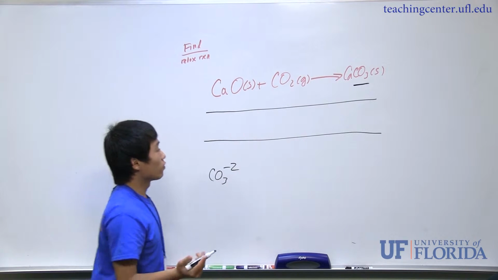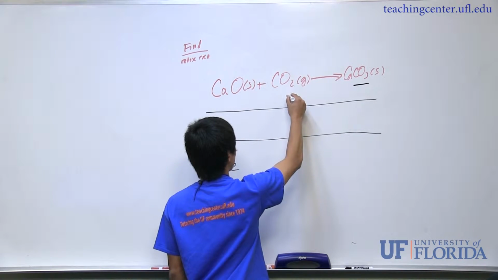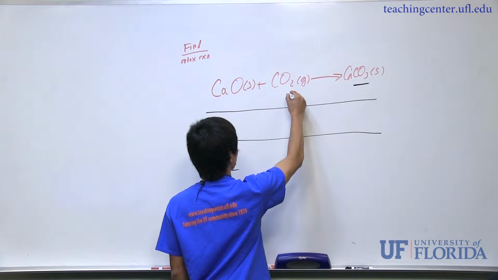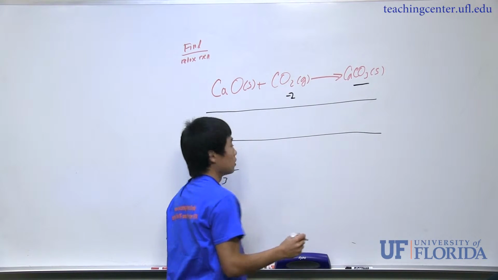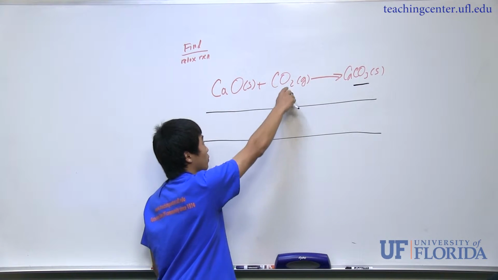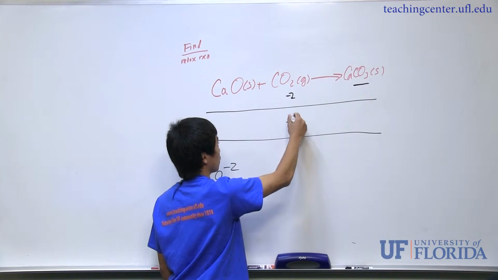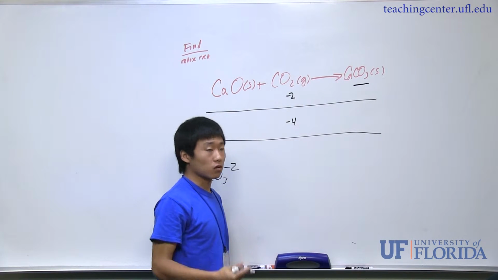For example, for carbon dioxide, I know that oxygen has a -2 charge, and I have 2 oxygen atoms in carbon dioxide, so I'm going to put down a -4 because 2 times -2 is -4.